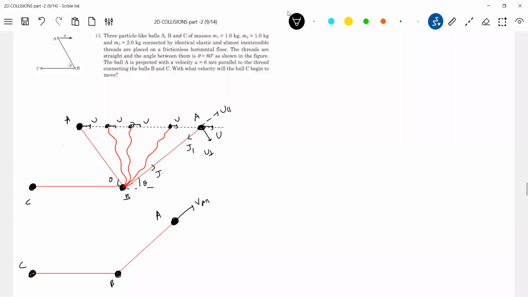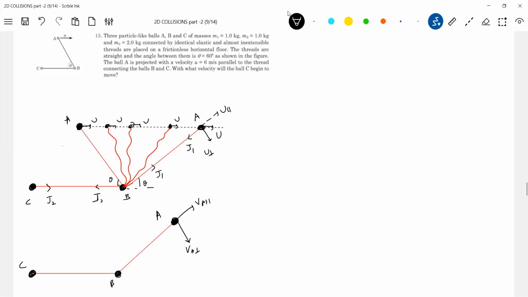It will be jerked, J1, and this is J2, and this is J2, because of that impulse and initial velocity for particle A. What are the velocities? VA parallel, and this will be VA perpendicular.